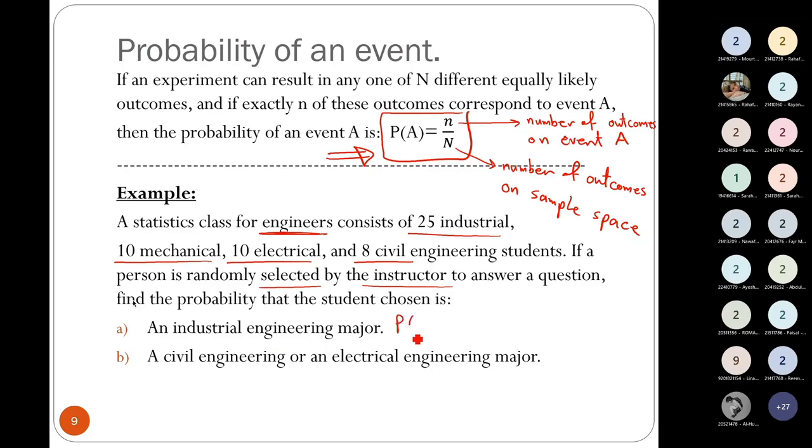So the probability of A here equals the number of industrial students, 25, over all students. All students equal what? Industrial 25, 10 mechanical, 10 electrical, and 8 civil. This equals what?